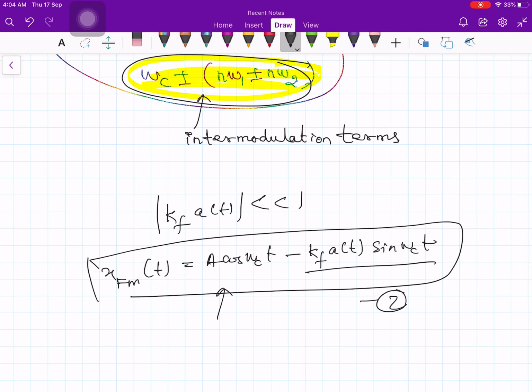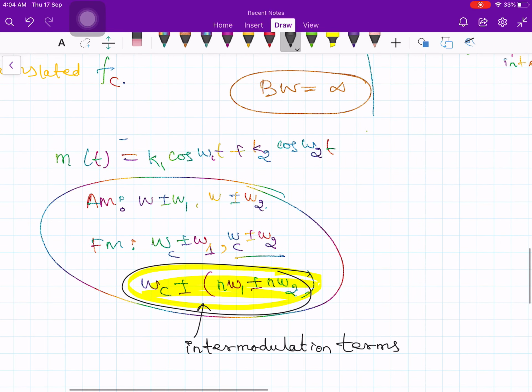So you not only get omega c plus or minus omega 2, you also get omega c plus or minus n omega 1 plus or minus n omega 2. This is called intermodulation components, intermodulation terms. So that was the important point that we really wanted to appreciate.